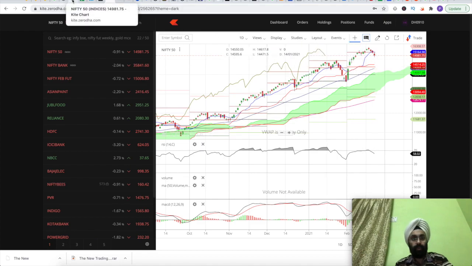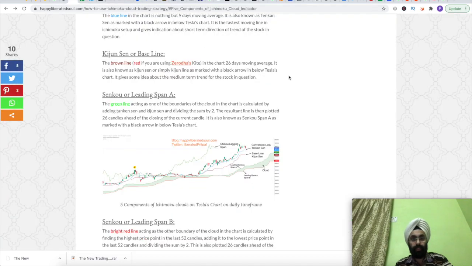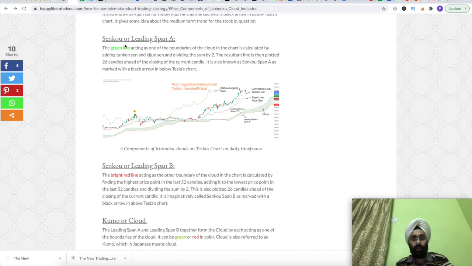Now we will go to the next component of Ichimoku, which is Senkou span, or the leading span A. This is the green line acting as one of the boundaries of the cloud in the chart, and it is calculated by adding Tenkan-sen and Kijun-sen and dividing the sum by 2.